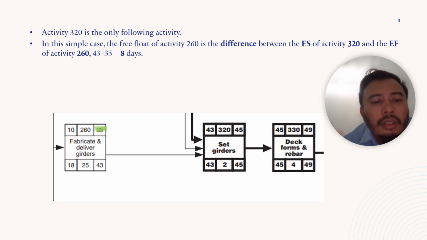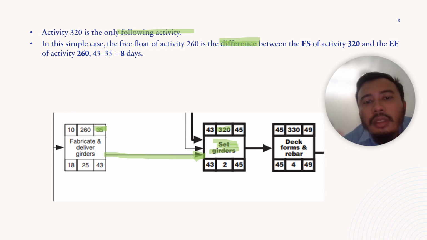So you have here the succeeding activity, which is set girders. Set girders, activity 320, is the only following activity. So in this simple case, the free float of activity 260 is the difference between the ES, earliest start, of 320 and the earliest finish of 260.